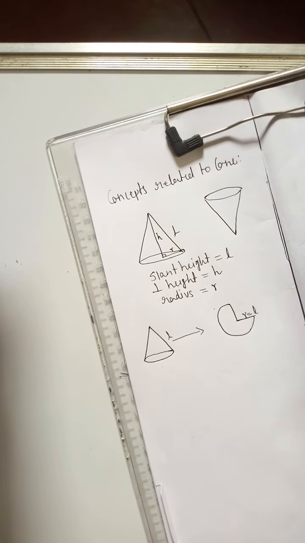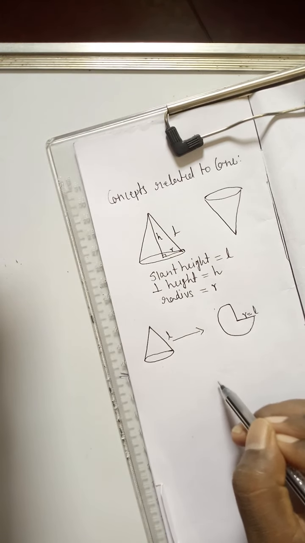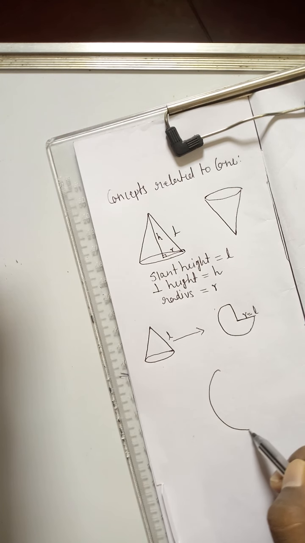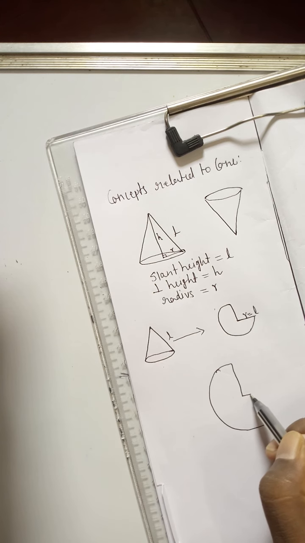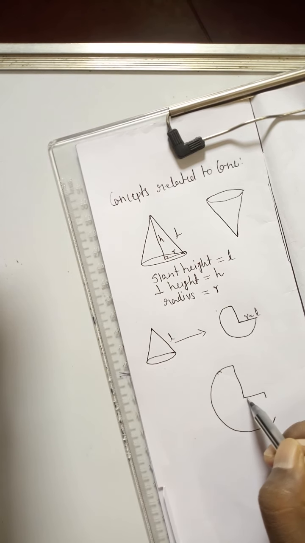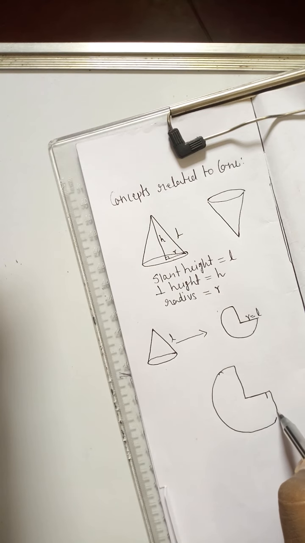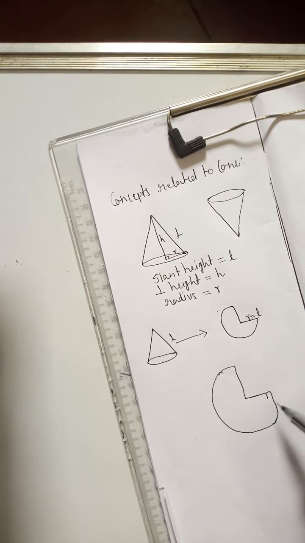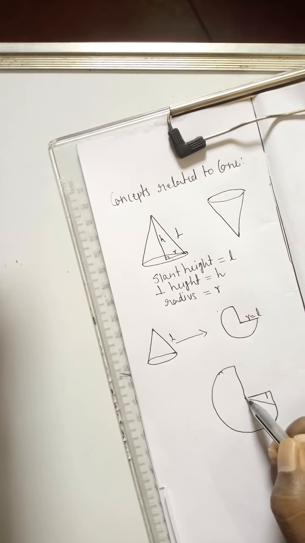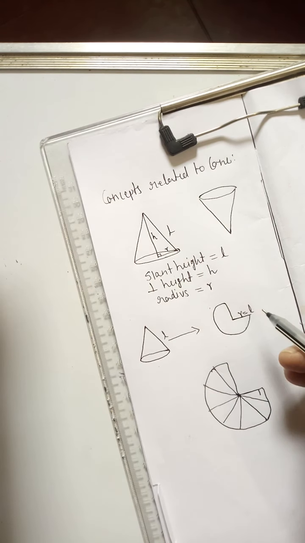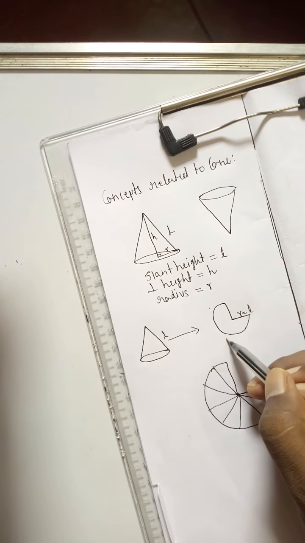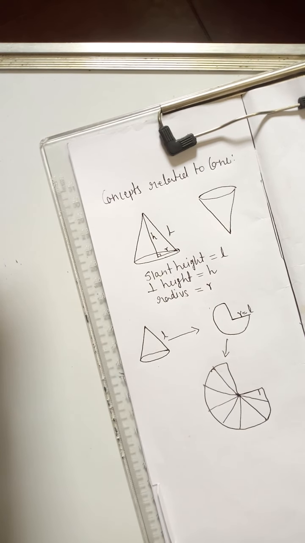I'll make a slightly bigger figure to make you understand this part. So this will become somewhat like this, where I'm just trying to cut this figure into n number of triangles. This was l, so this has become l, and from this figure I'm moving to this figure.